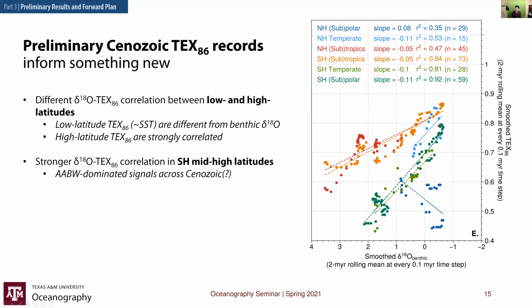And what it can really mean is that across the last 66 million years, what we see changing at the bottom ocean is highly correlated with what changes at the southern hemisphere mid to high latitudes, which is aligned with our bottom water in the modern oceans. The majority of the water at the bottom of the ocean is Antarctic bottom water.